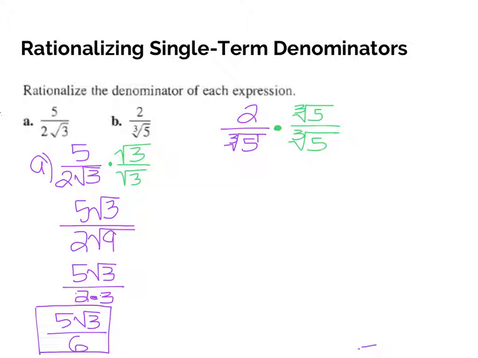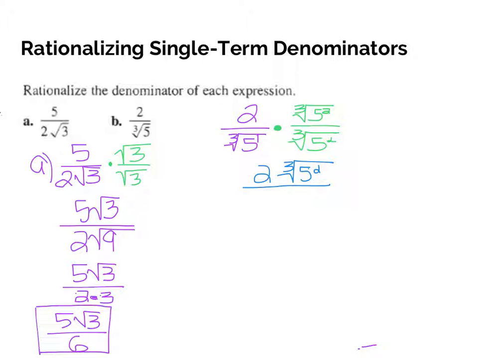What we need to multiply is the cubed root of 5 squared. So this is going to work because in our numerator, we will be left with 2 times the cubed root of 5 squared. And this is okay to have because the 2 underneath the radical is smaller than 3 outside.